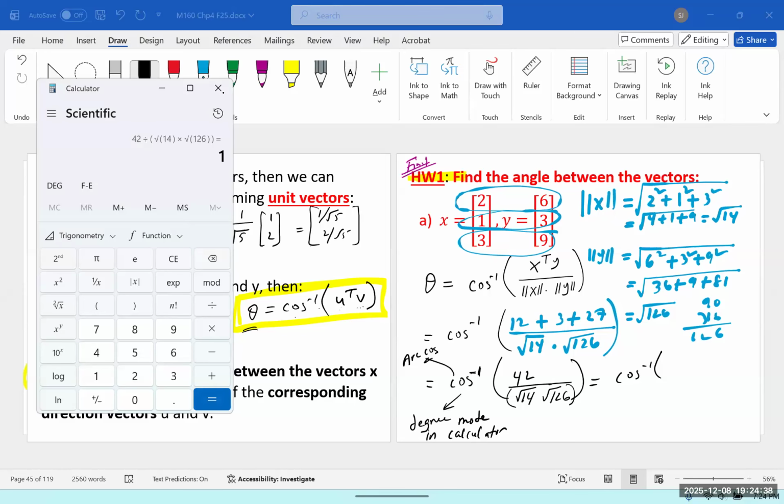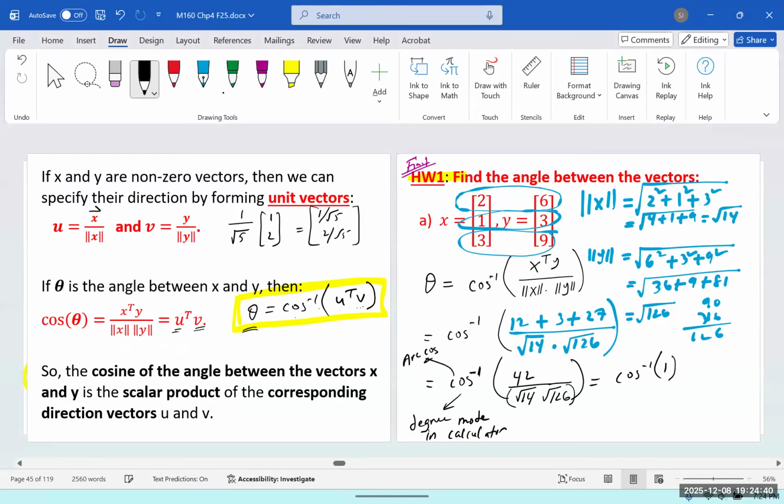So the inside is 1. From your pre-calculus, you should know that cosine inverse of 1 is 0 degrees. So the angle between these two vectors is 0 degrees.